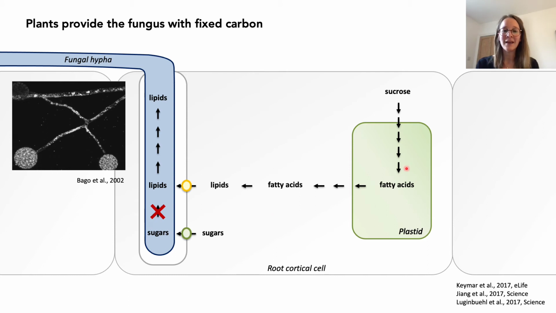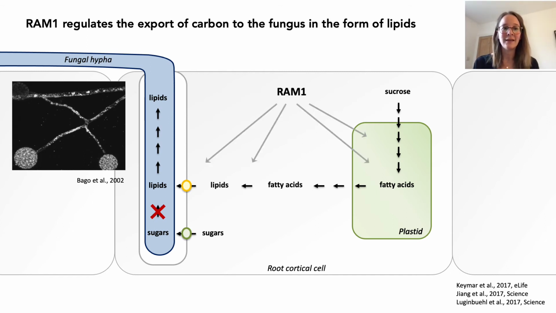We found that the plant actually has a whole lipid biosynthetic pathway that will produce lipids from fatty acids that are then exported to these fungal hyphae and that serve the fungus to then be able to complete its life cycle. And RAM1, the transcription factor that I was looking at, turns out to regulate several steps of this lipid biosynthesis pathway.